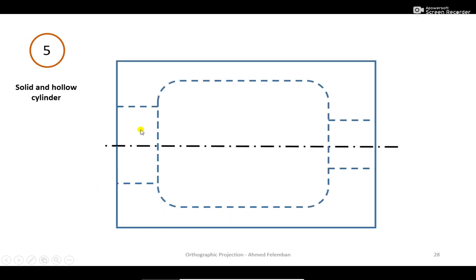For this area we have a diameter, say 40 millimeters for 20 millimeters long, then the hole becomes bigger, say 60 diameter for 80 millimeters long, then it becomes a small hole, say 30 millimeters diameter for 20 millimeters long.